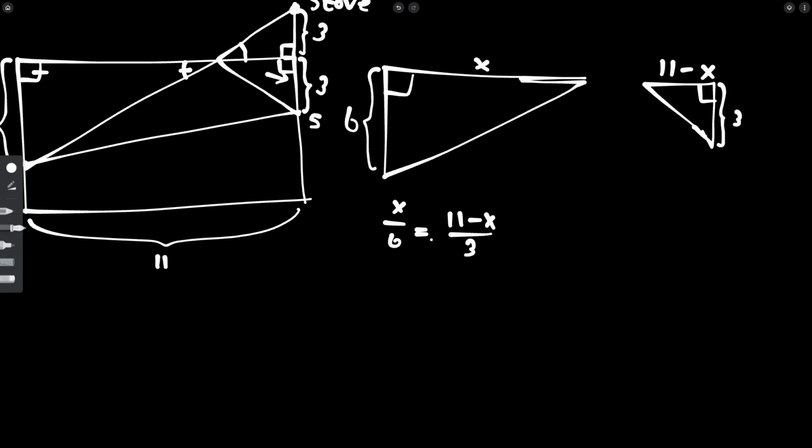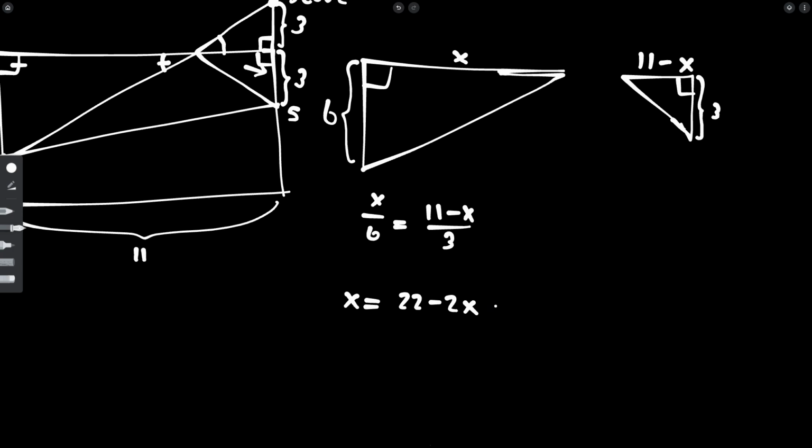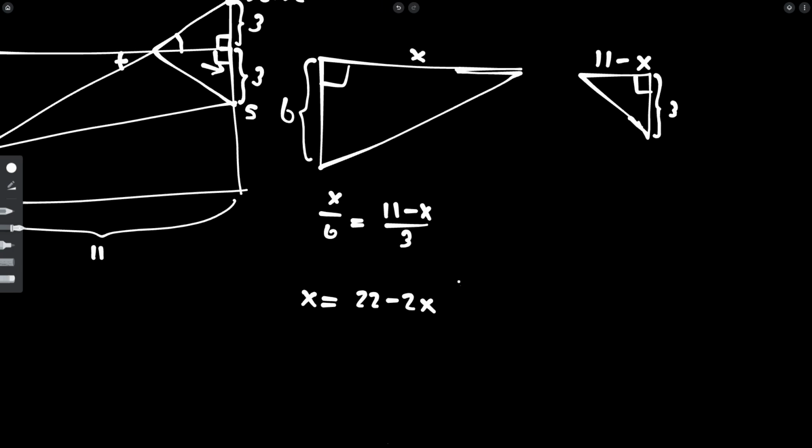To solve this, let's multiply by 6 on both sides. That gives us x equals 22 minus 2x. And if you're wondering how I got that answer, I did 6 times 11 minus x over 3.